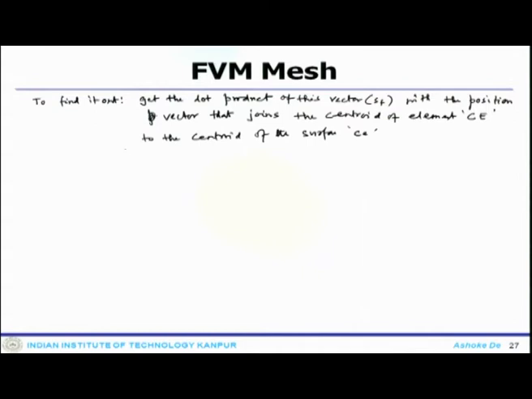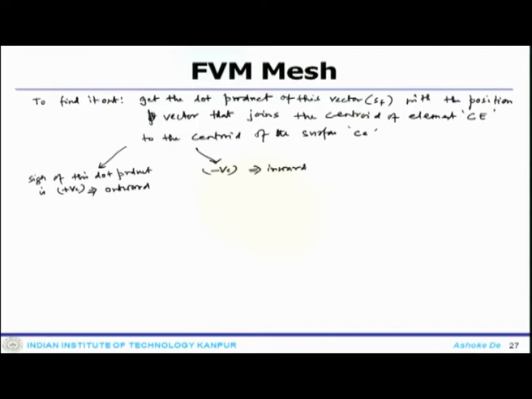if the sign of this dot product is positive, that means this will be outward directed or outward pointed. If the sign of this is negative, that means it will be inwardly pointed.